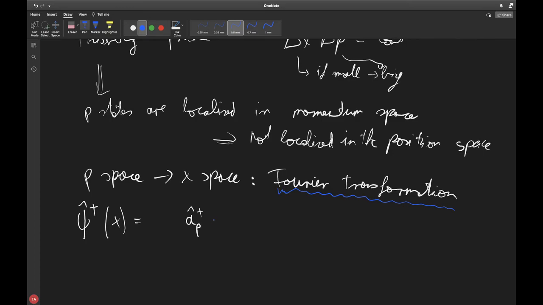It is going to be that we multiply this with the exponential of minus i p x. These are vectors, and we sum for all of these p vectors. What is in blue is the Fourier transformation, and then there is also a factor of N for the normalization.